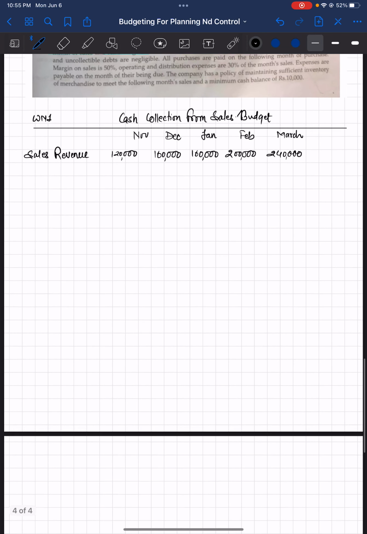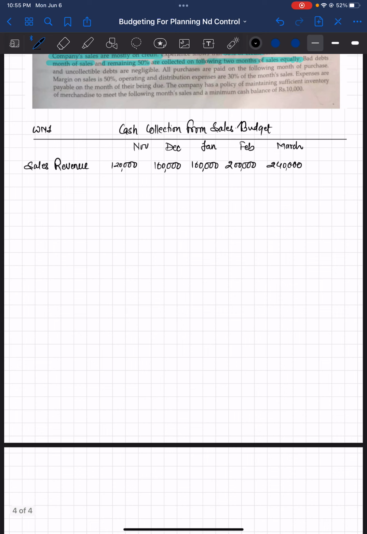Since we already have the gross sales over here and most of them are credit, we look forward to collecting the credit sales. So write it: the collection of credit sales.